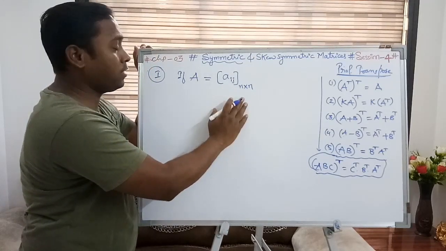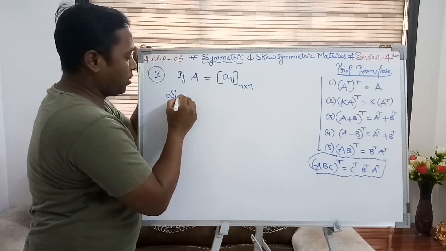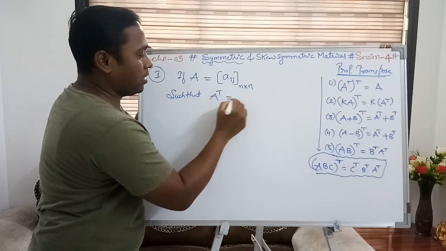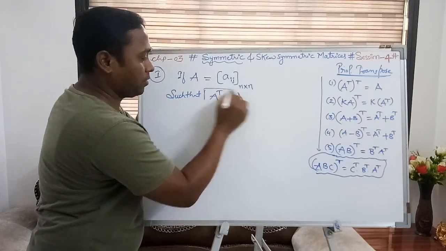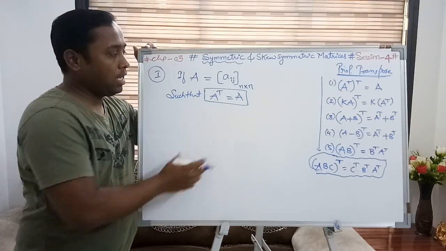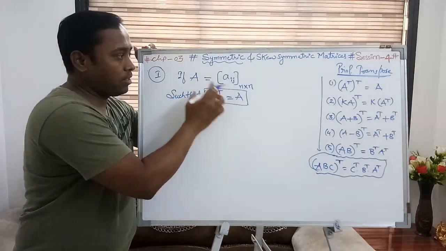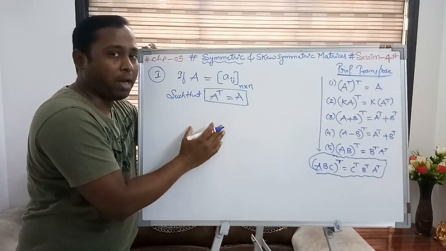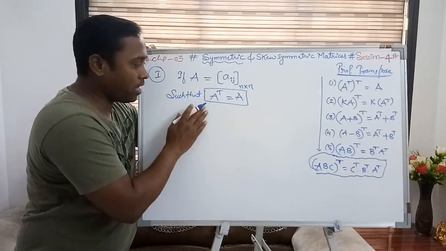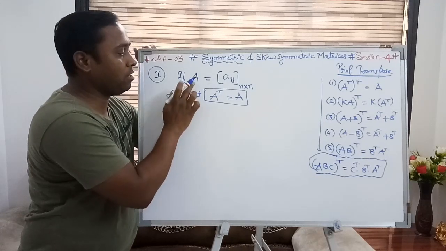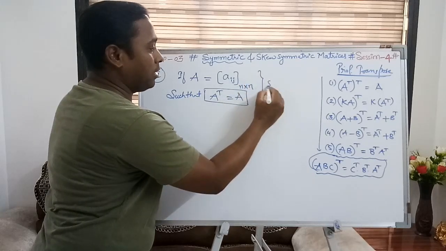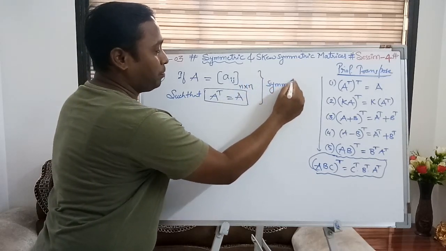If A is a square matrix such that its transpose is equal to the matrix itself, that is, if a square matrix is framed in such a manner that after doing a transpose you get the matrix itself, in such cases the given square matrix is known as symmetric.